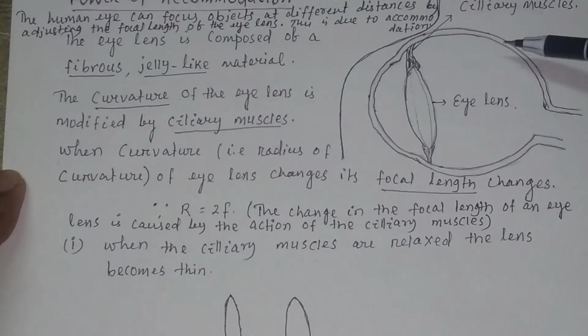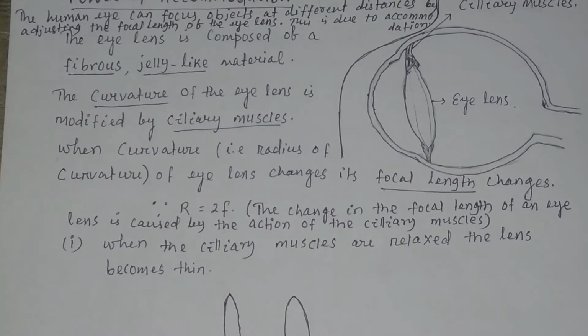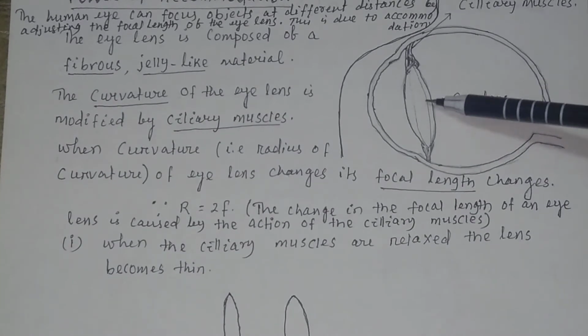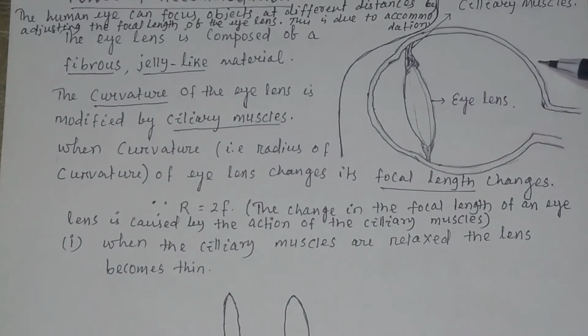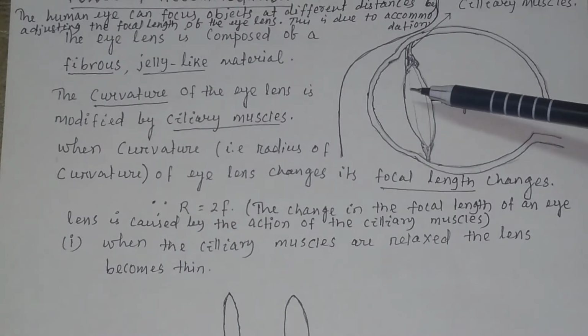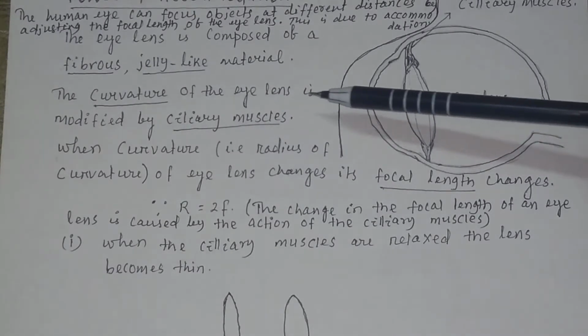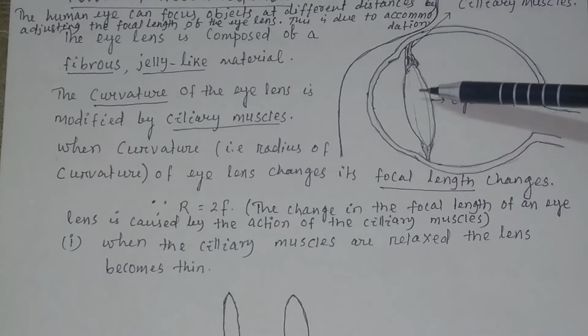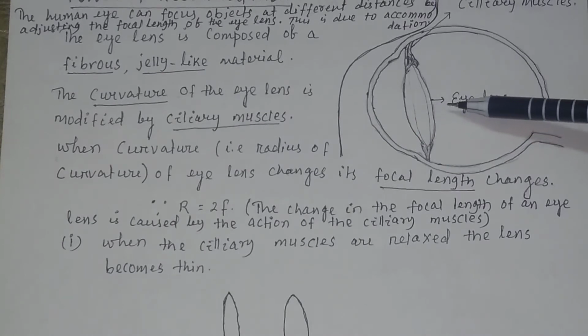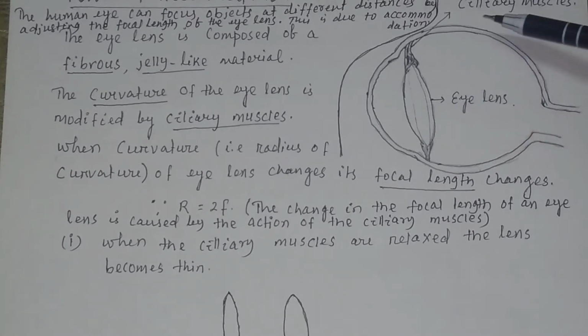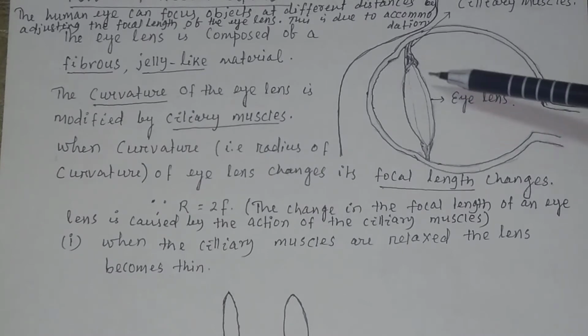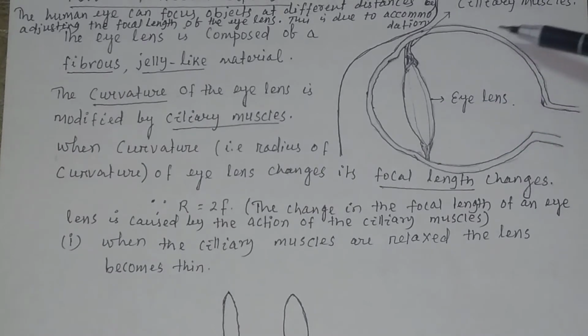So remember, the image is always formed at the retina. So the image distance always remains the same. By changing the object distance, the focal length of the lens is changed in accordance with the contraction or elongation of the ciliary muscle.